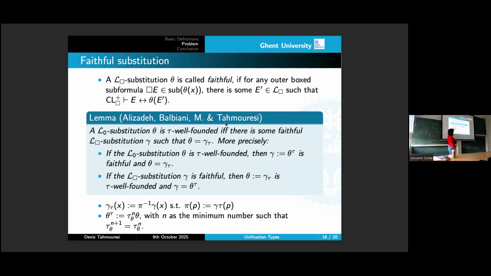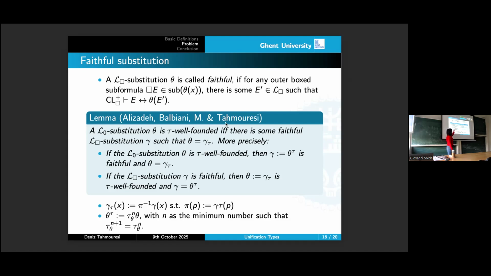And this is the relation back and forth, the typical thing that we have in logic. It says that if the substitution theta is tau well-founded, then we can define it as you can see, and it is going to be faithful with that definition, and it's going to be equivalent with this one.